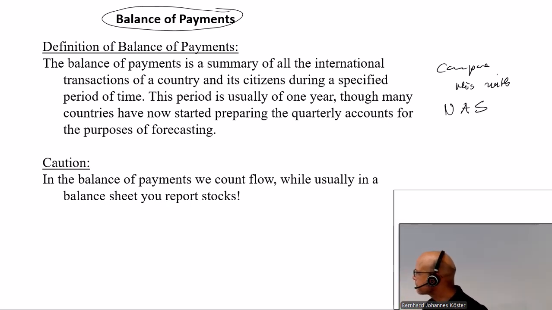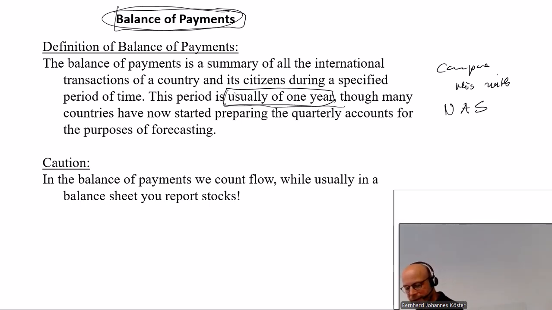And here you have to be a little bit careful because in other lectures you are talking about a balance and the balance of payments. There you are looking at a time period, generally one year. So what happens within one year? A balance in business administration is defined as reporting at one day.